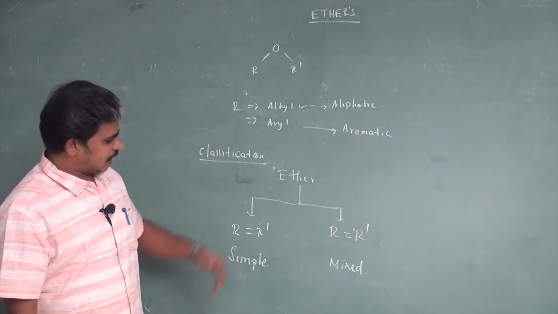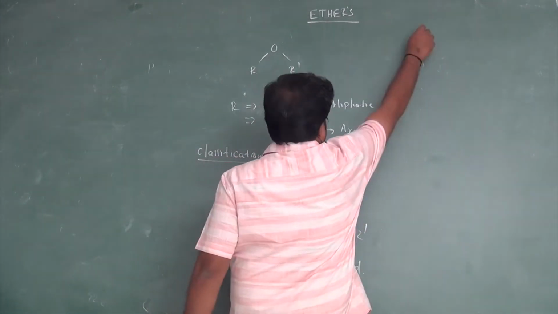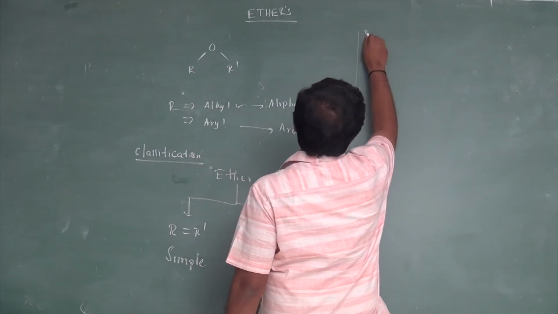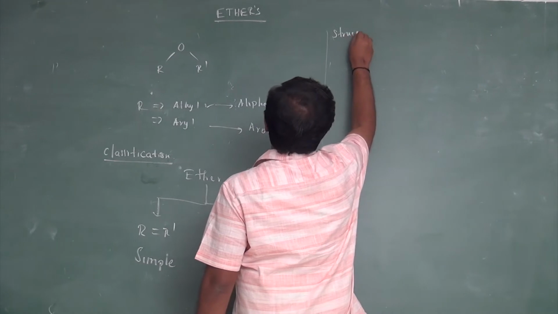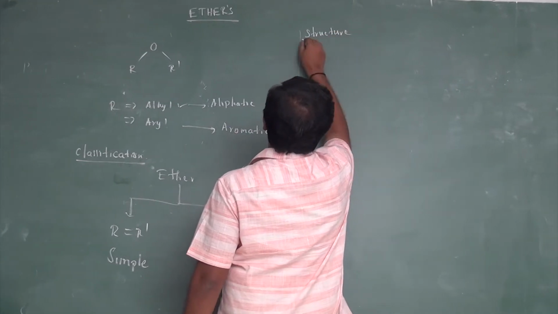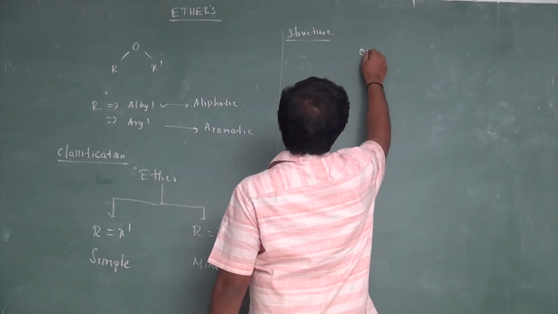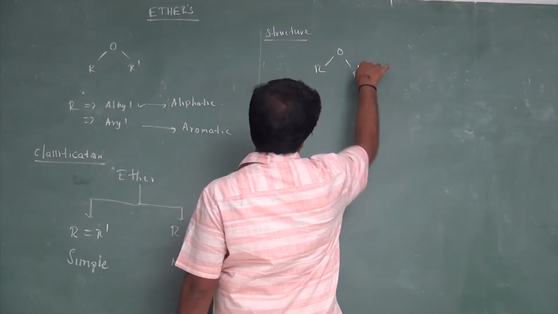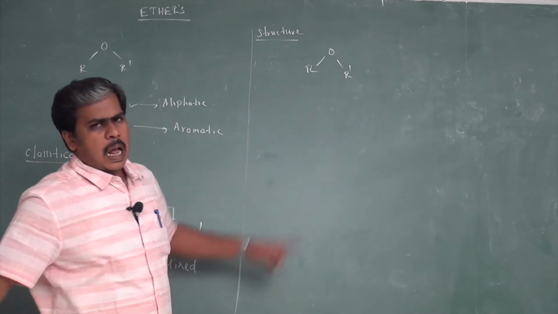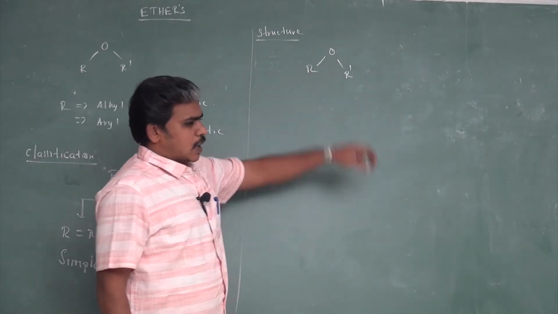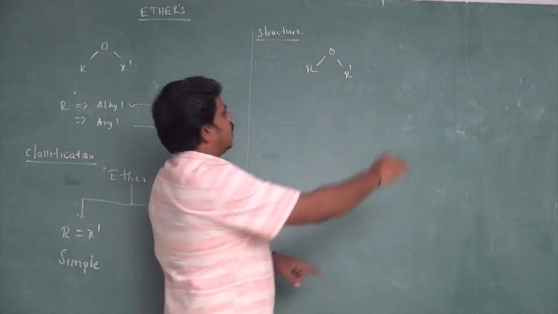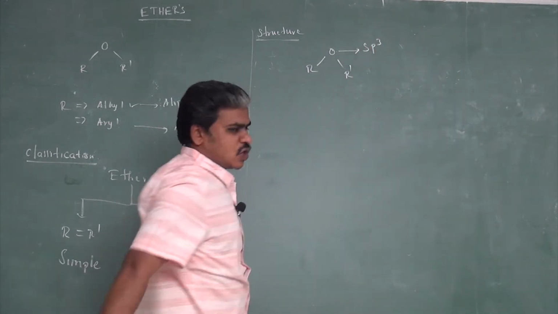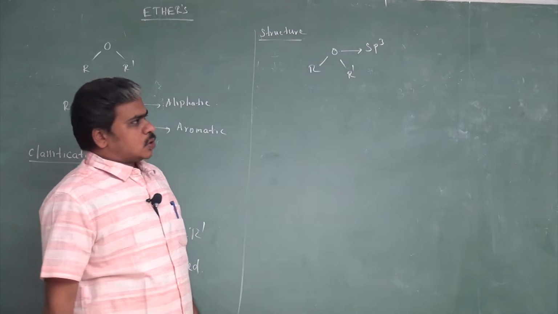Now we may take the structure of ethers. Here that is O with the R group and R dash group, so R, O and R dash. The oxygen in ether is sp3 hybridized.